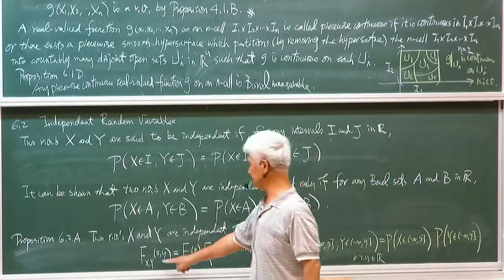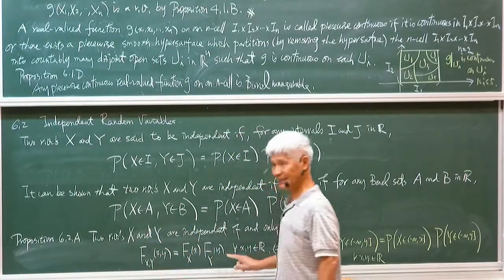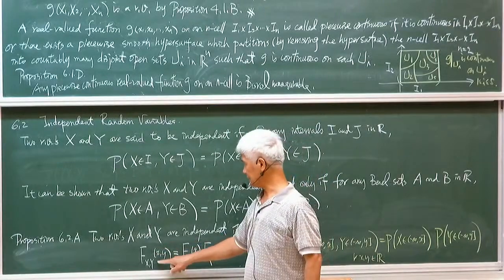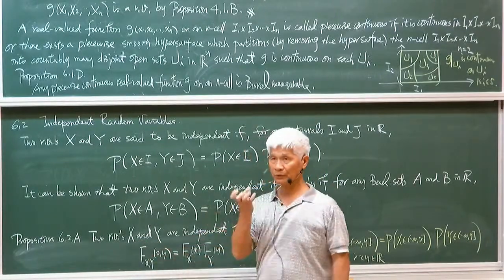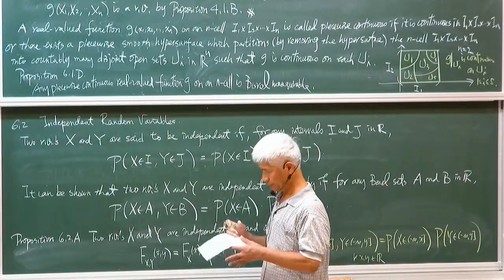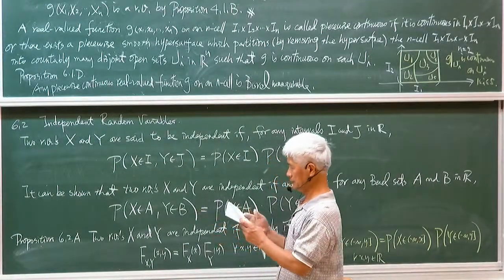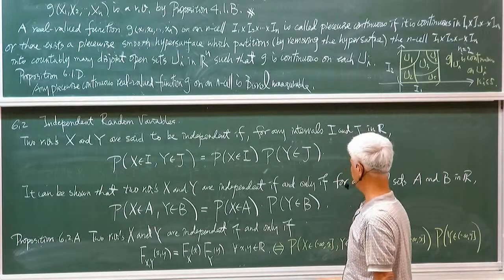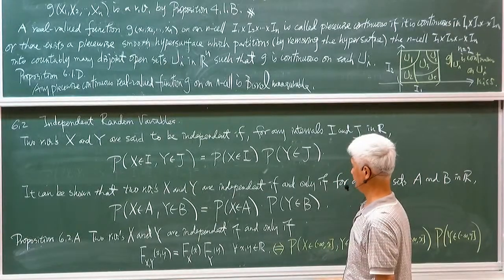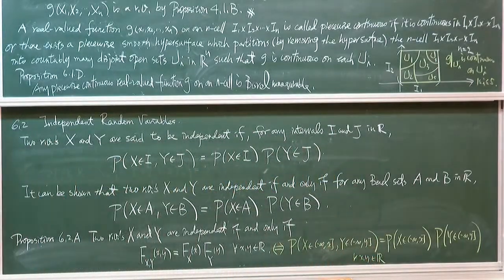We just consider their joint CDF and their marginal CDFs, which says that the joint CDF of X and Y is equal to the product of their marginal CDFs. So it's a very good technical proposition to have.